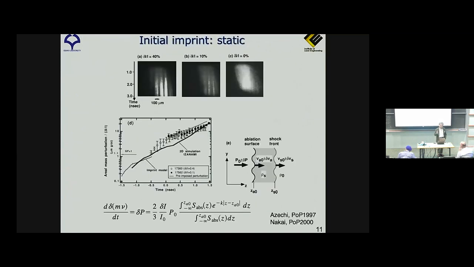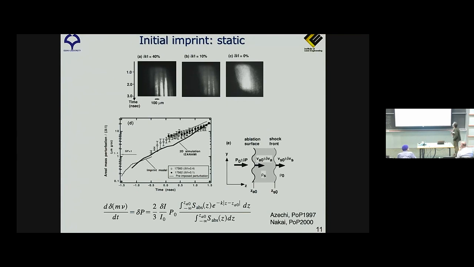The initial imprint is a bit difficult. The initially perturbed laser produces pressure perturbation on the surface, and pressure perturbation also produces momentum perturbation along the vertical direction of the target.